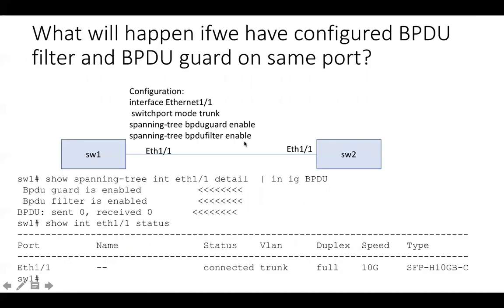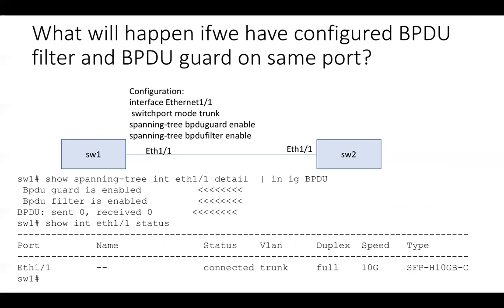Now the other question is, what will happen if we have configured BPDU filter and BPDU guard on the same port? As I'm assuming that we know about BPDU guard and BPDU filter, let's revise. BPDU guard is a feature which we enable on an end user port, where we are assuming we will not receive BPDUs.